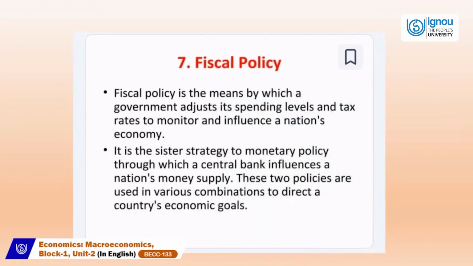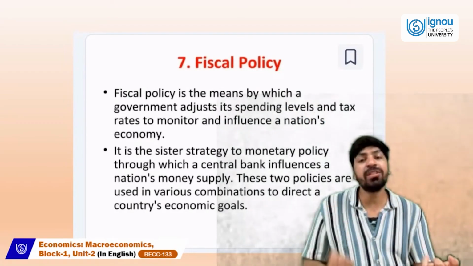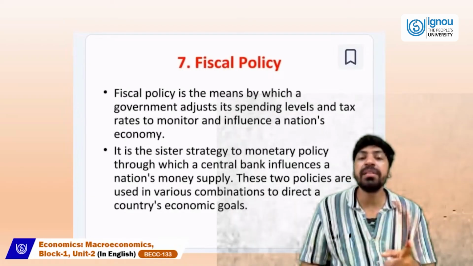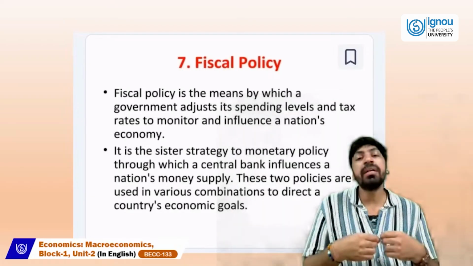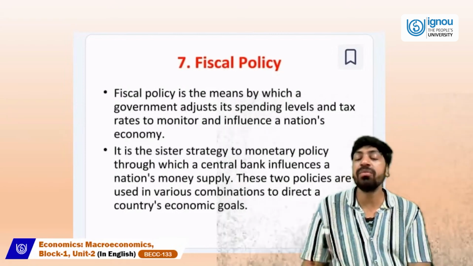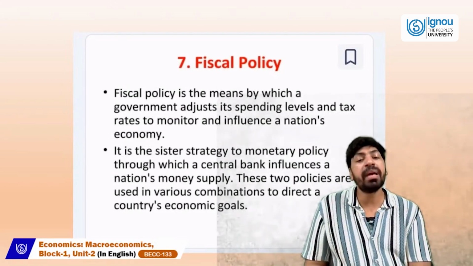Monetary policy also adjusts the supply of money, and fiscal policy guides the central banks, which also influence the national money supply.